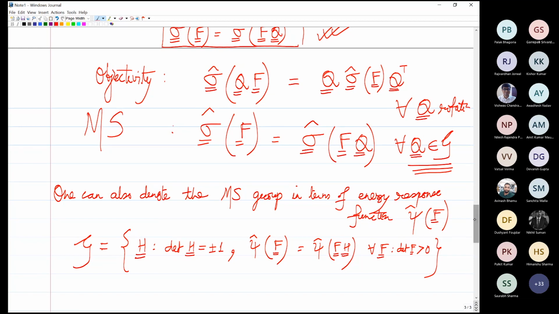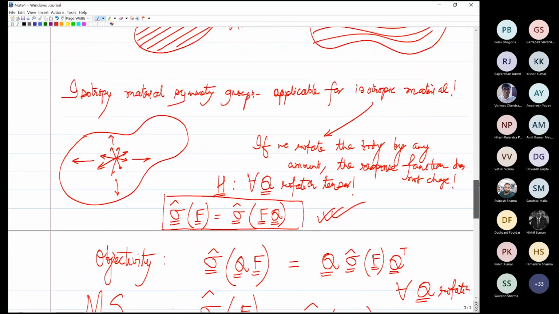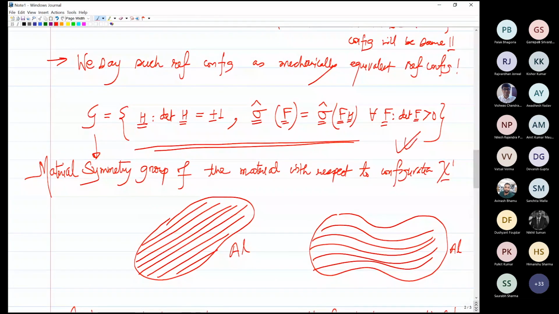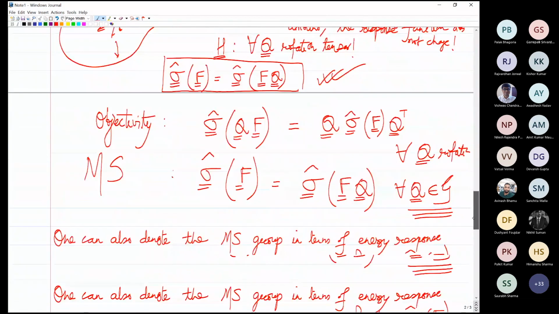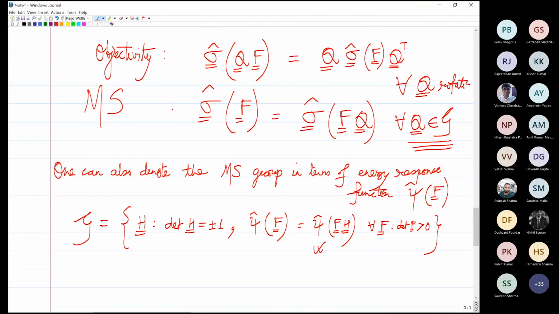So notice earlier we wrote the symmetry group in terms of sigma, right? But we can also write that in terms of psi hat.